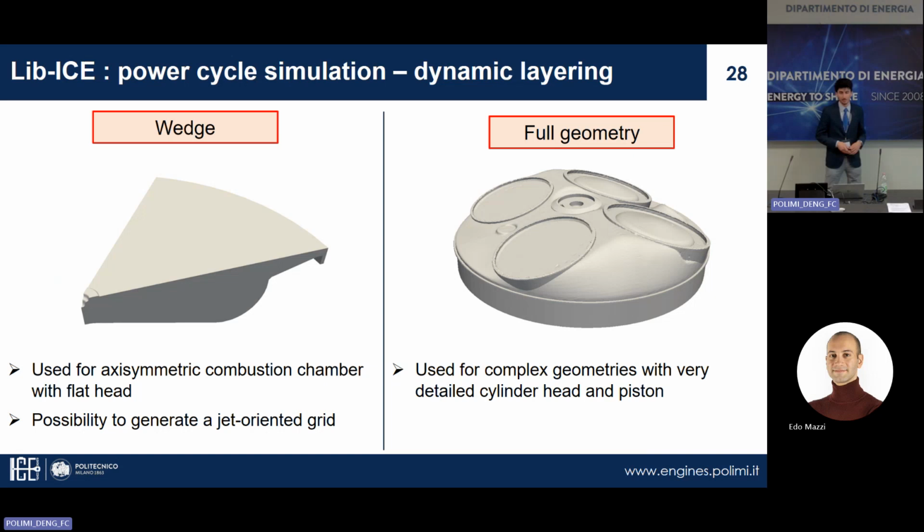The wedge can be used for an axisymmetric combustion chamber with a flat head, and there is the possibility to generate a jet-oriented grid. The full geometry, instead, is mandatory when we have complex geometries, especially for the cylinder head and the piston, and so we cannot rely anymore on axisymmetry.